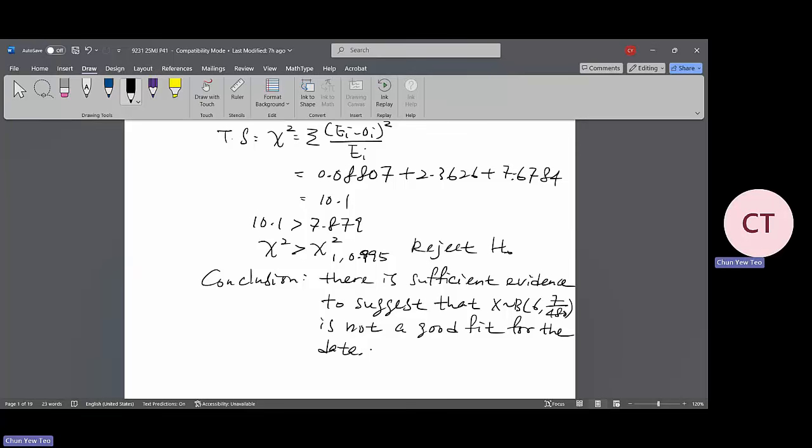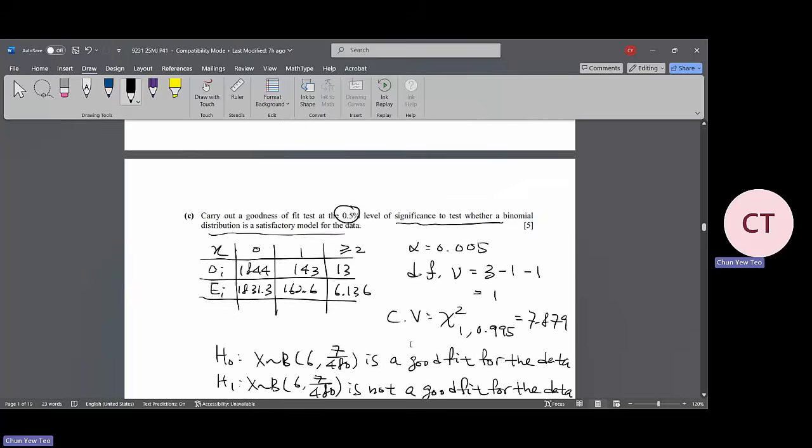Okay, so this is the answer for question number 3C.